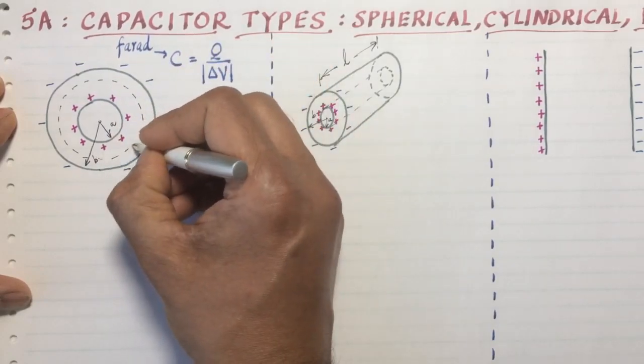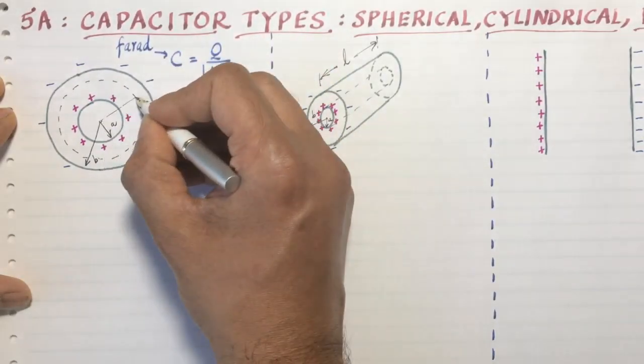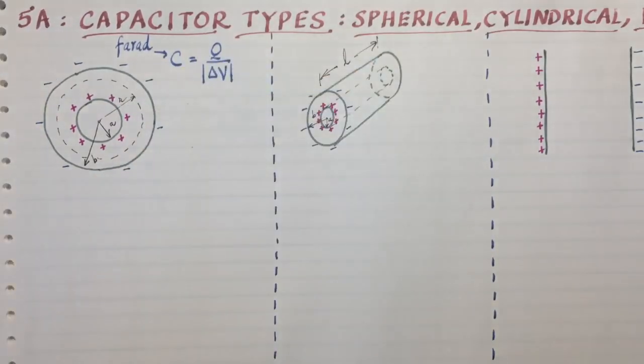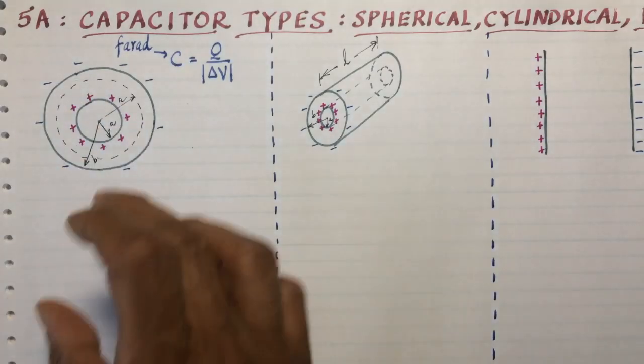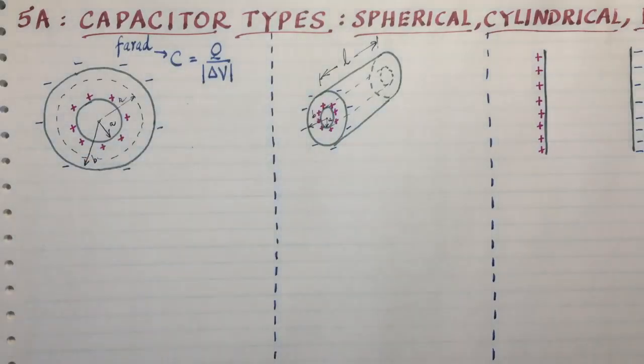So let's take some Gaussian surface of radius r, which is the generic radius of a Gaussian surface, and find out how much electric field there is at every point on the Gaussian surface. Now, this has got spherical symmetry, so we can certainly write down Gauss's law using spherical symmetry.